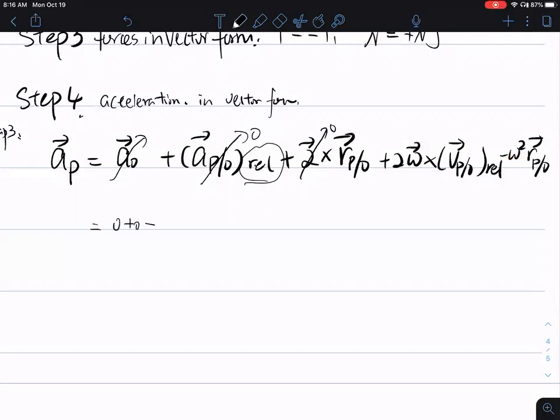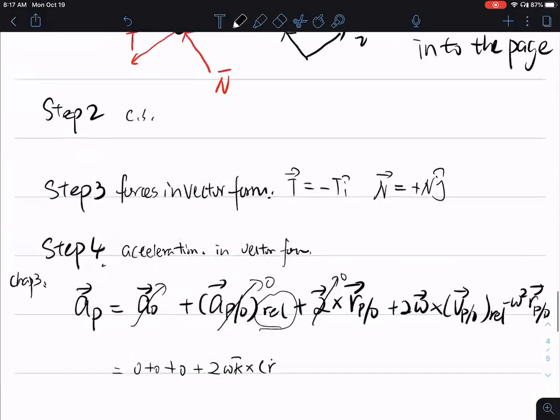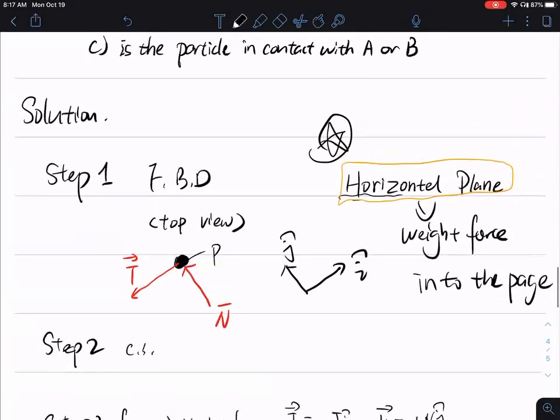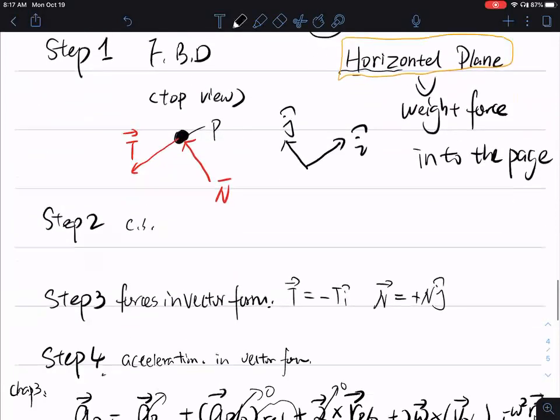0 plus 0 plus 0 plus 2 omega k cross product Vp/O, which is your R dot. In what direction? R dot in the positive I direction.